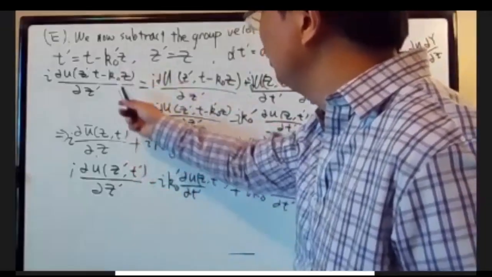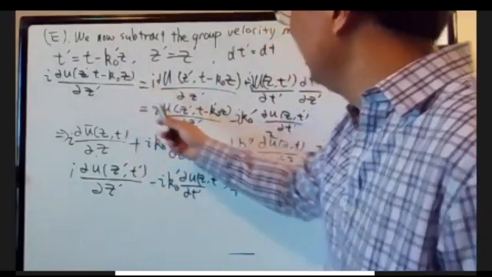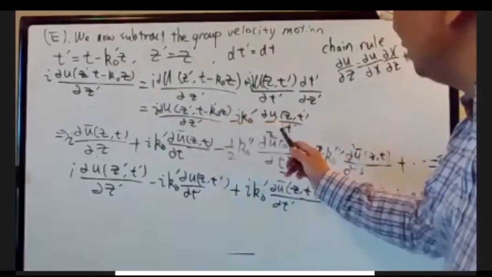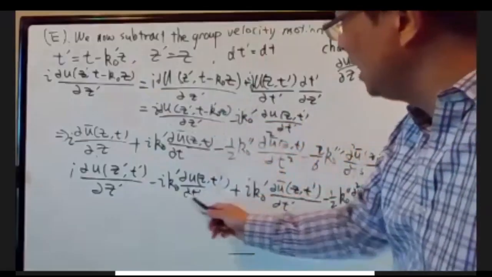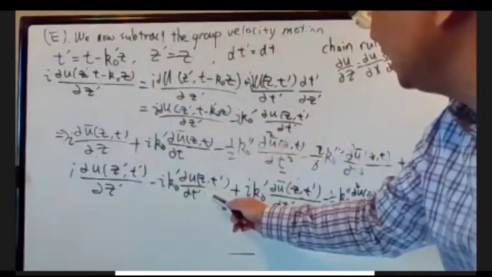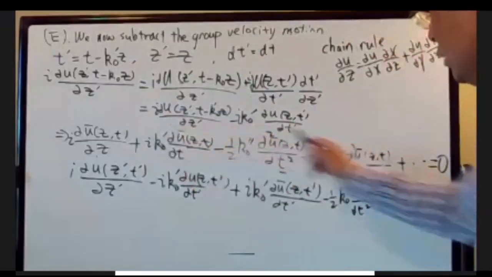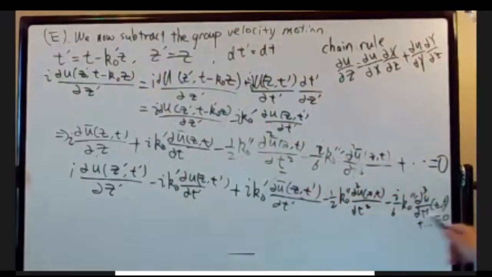So I change to t minus k naught z. So in the end, using the chain rule, we got two terms. Because of these two terms, we write it in here, and we just copy the remaining term here, right? That's it. Any questions?